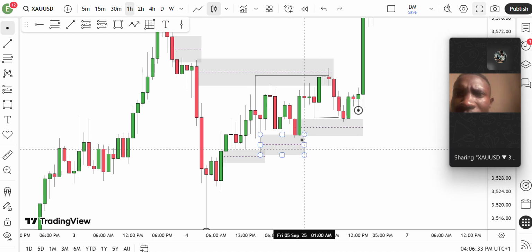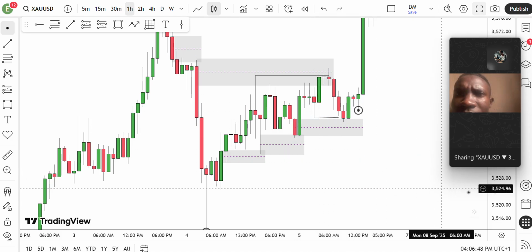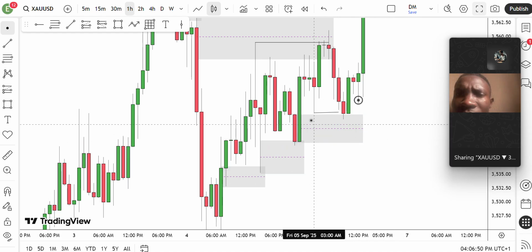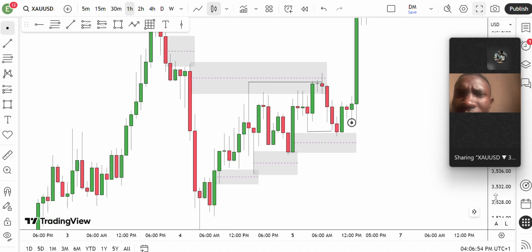So this one now, we saw that there was an inducement and price had not touched it. They tried to sell here, but they bought heavy, and so this one was able to go high and take the highs. From there, if you wanted to pick your entry, you could put your entry inside there and then you buy.